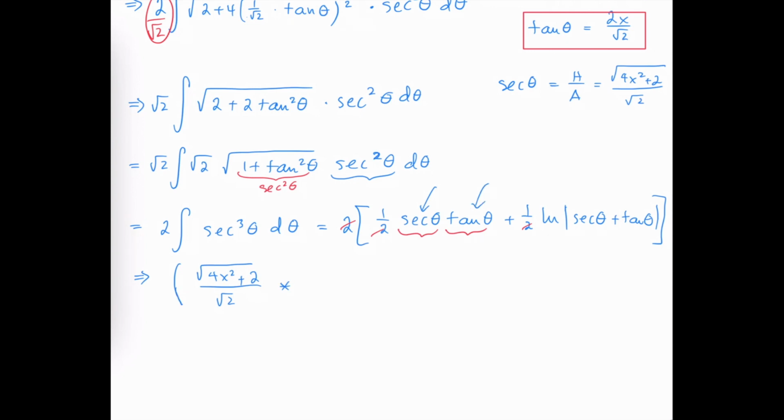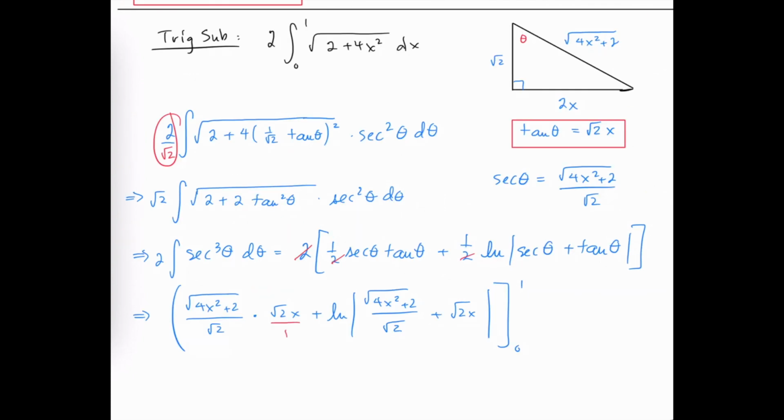I'm going to call this square root of 2 times x, again simplifying or canceling out the rad 2 factor here, plus the ln of absolute value secant, which is again square root 4x squared plus 2 over rad 2, plus tangent, which is again rad 2 times x, and now we're going to apply our x limits of 0 to 1.